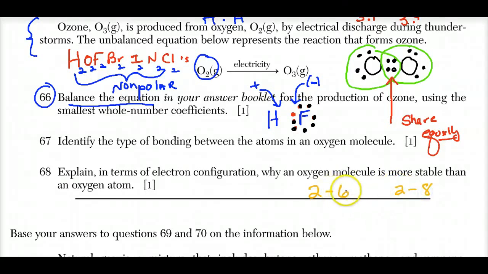So when it shares a pair of electrons with another oxygen, it feels like it gained 2 electrons to fill that octet, or that 8. When we fill and have that 8 on the outermost, it's very stable. Let's go to the periodic table for a second.